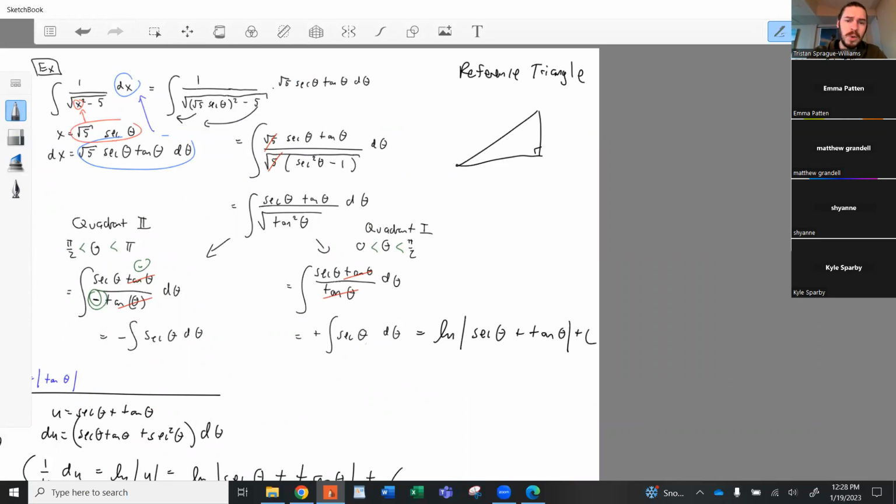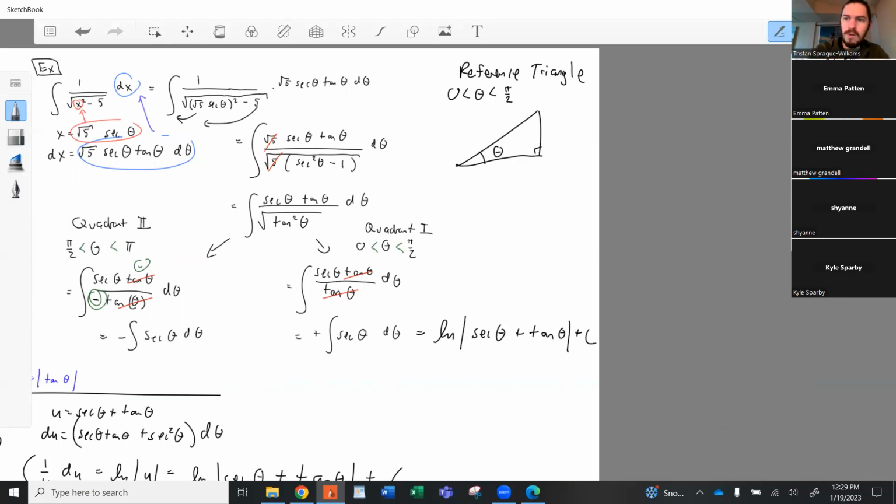So for this, we're just going to stick to the case on the right. Let's stick to the case where theta is acute. Okay, so if theta is an acute angle between 0 and 90 degrees, or 0 and pi over 2, then we can draw it in one of these angles here. And then let's label it according to the original relationship.